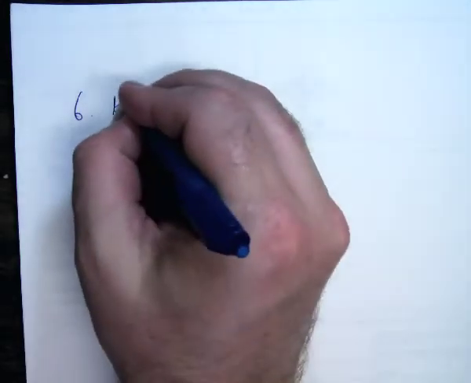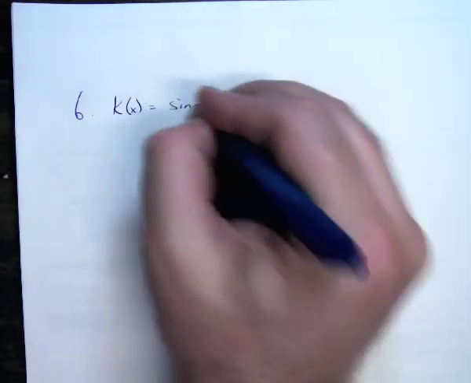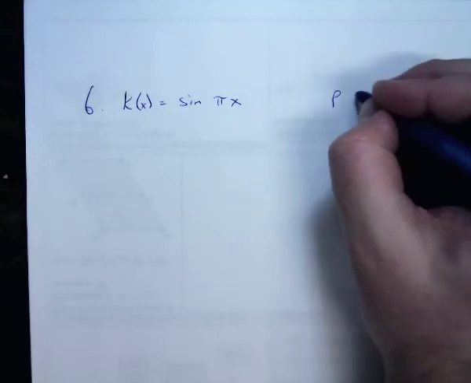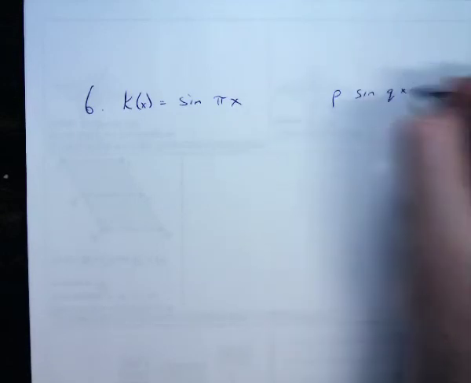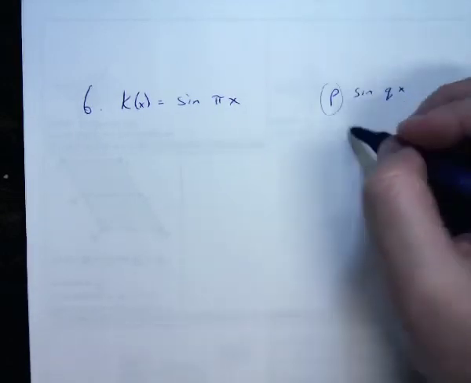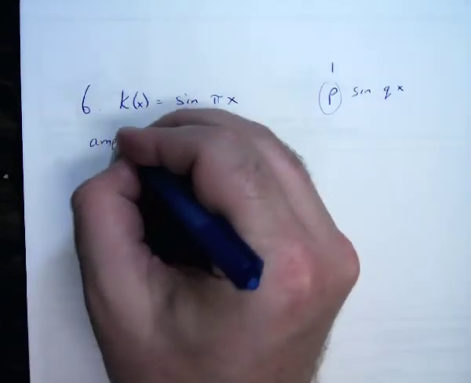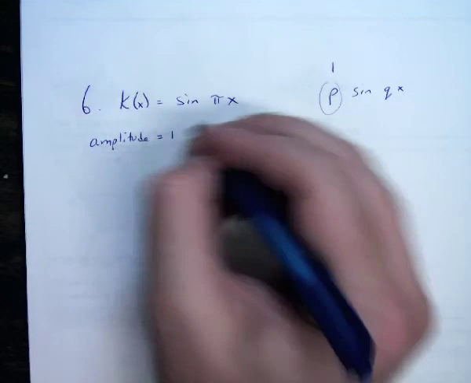Number 6 is going to be k of x equals sine pi of x. Now this, I feel like it looks scary, but it's really not. So once again, if we have p sine qx, p isn't there, so it's just 1, which means my amplitude is 1.